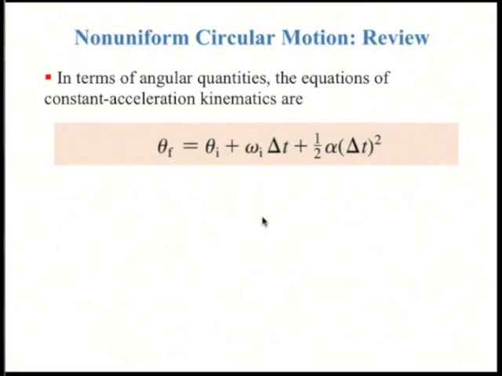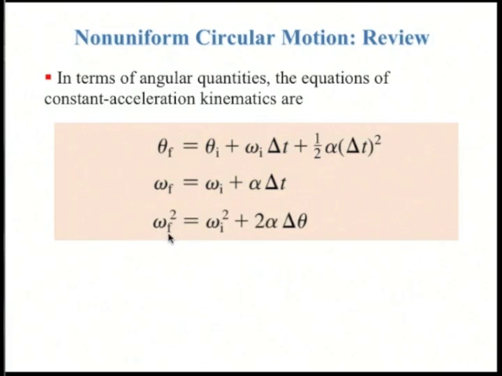So in terms of the angular quantities, you can use the equations of constant acceleration to find theta final in terms of omega initial and alpha. You can find omega final as omega initial plus alpha delta t, and you can use this equation to find omega if you know the initial speed, the angular acceleration and the angular distance it traveled.